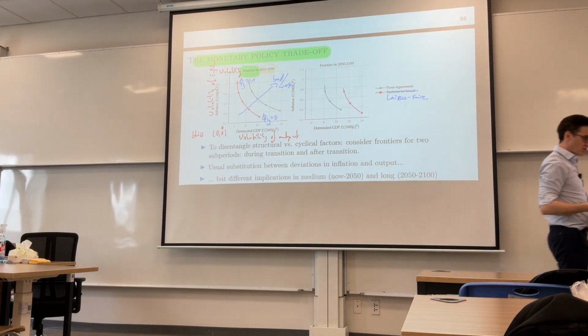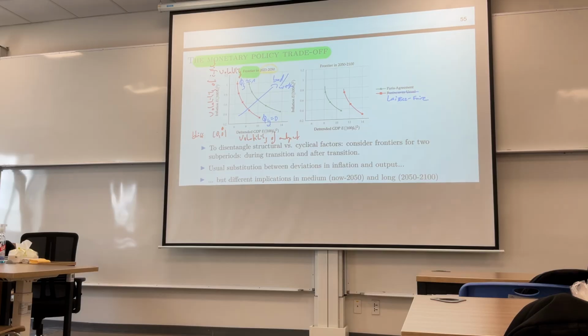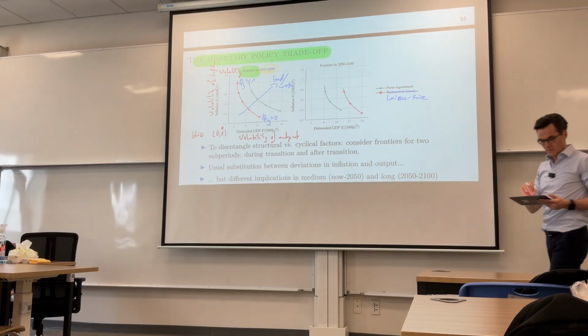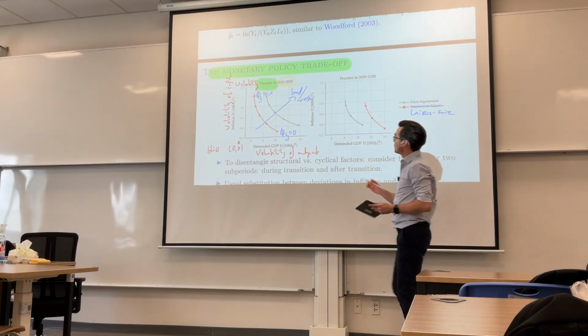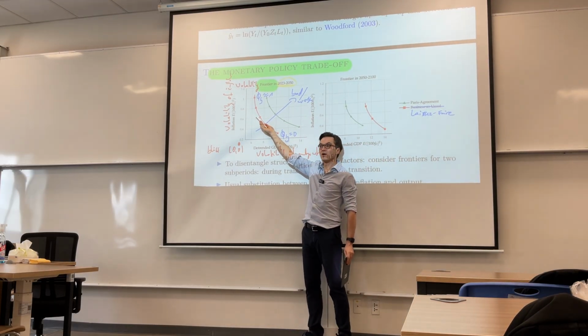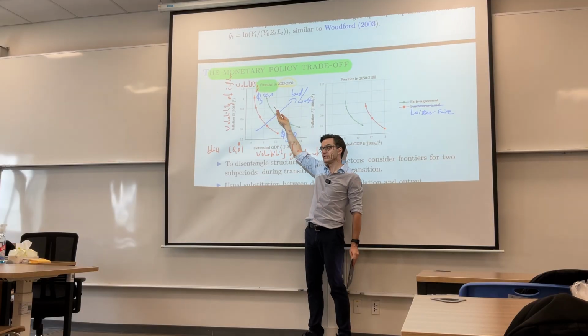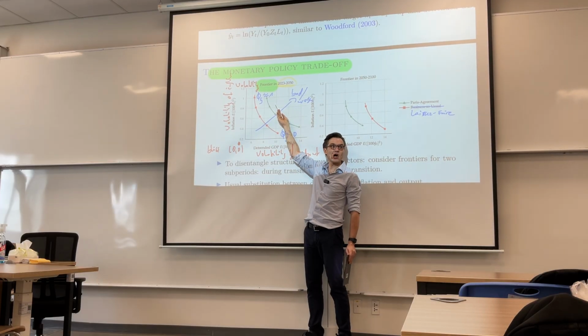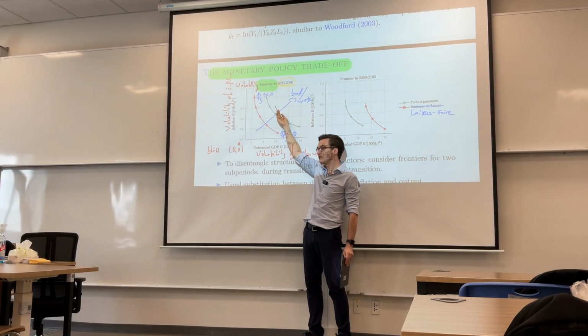What you will first notice is that the green is now the Paris Agreement, when we have these carbon taxes. These carbon taxes produce an inferior volatility frontier. The carbon taxes are bad; they increase the volatility, and we've seen this so many times.